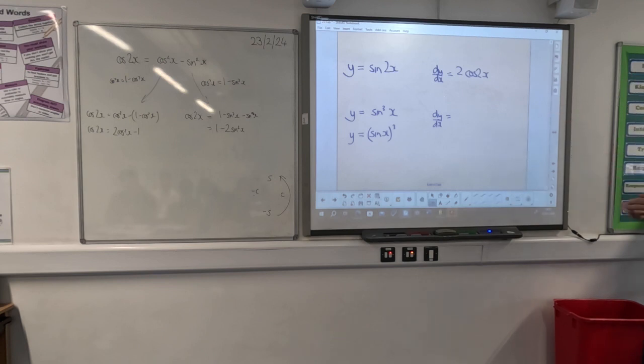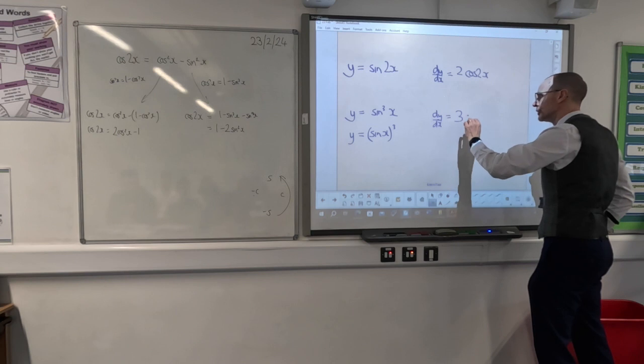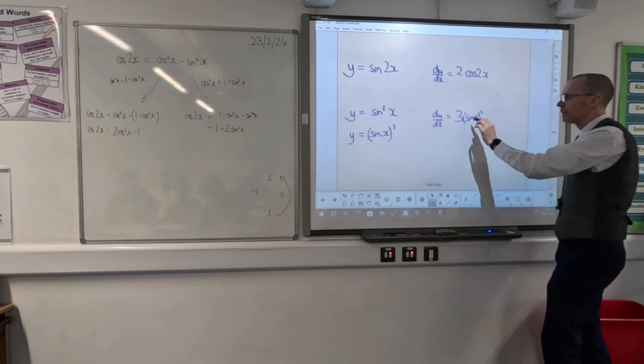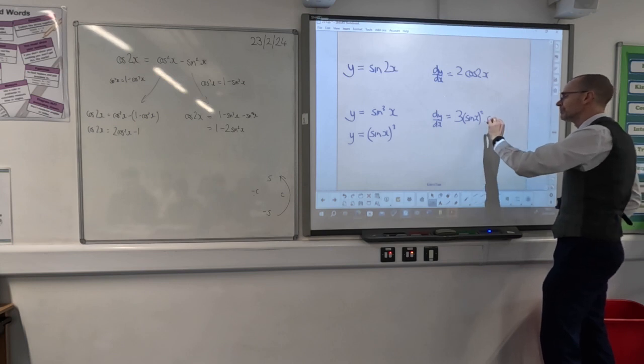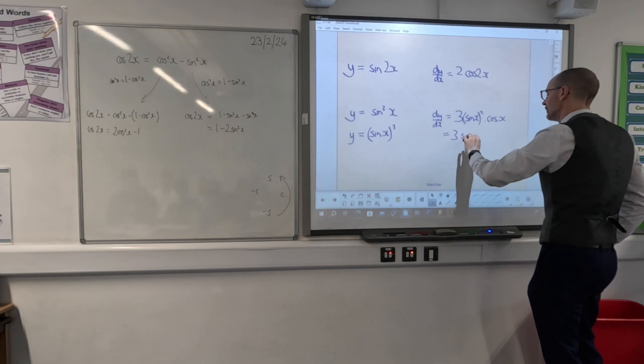Sine cubed x becomes multiplied by the power, reduce the power by 1, and then multiply by what you get when you differentiate the bracket. So we end up with, and you could write it in a variety of ways.